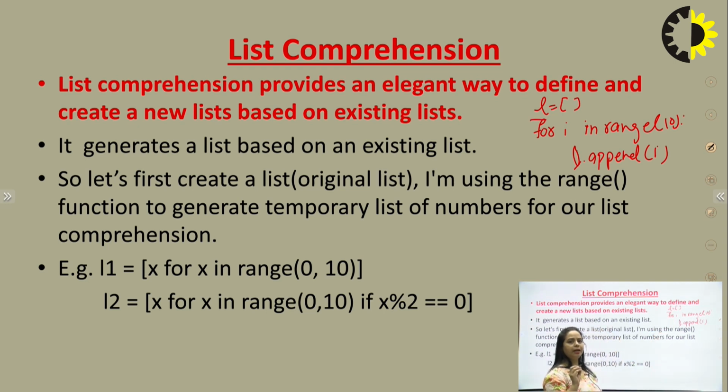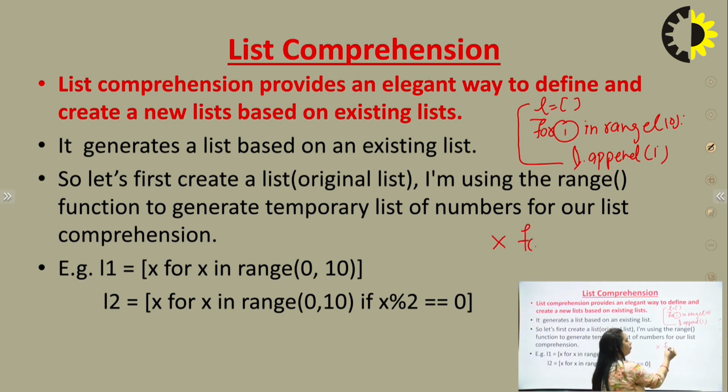But with the help of list comprehension, I will convert these 3 lines into a single line. How will it work? I have to take a variable. First of all, here I am taking the variable i, which is used to hold the value. So here it is x. Now apply the for loop. For x is your variable. These both variables should be the same. Only then will list comprehension work.